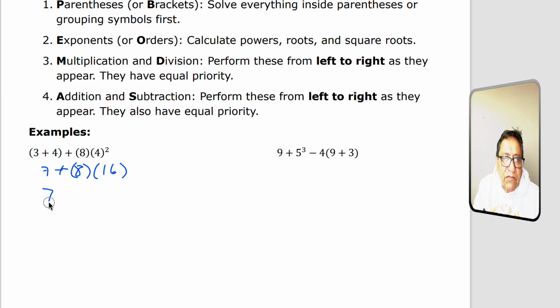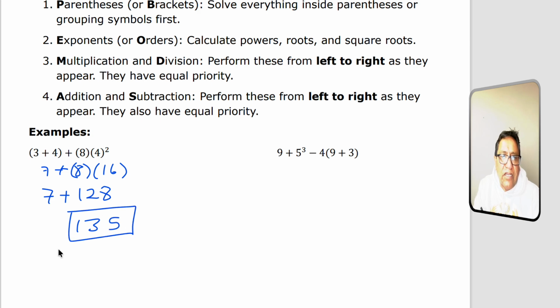So now we have 7 plus 8 times 16, which is 128. Now 7 plus 128 will be 135. So that will be the answer after we follow PEMDAS.